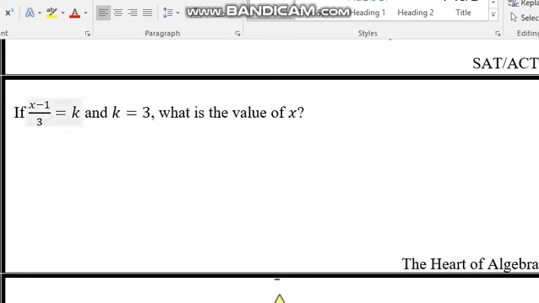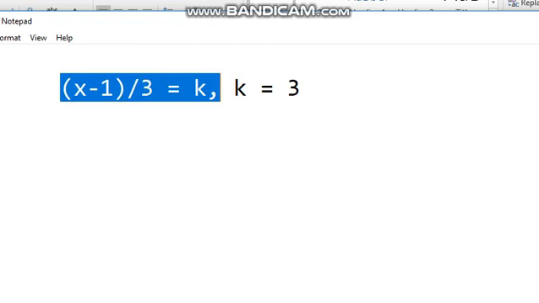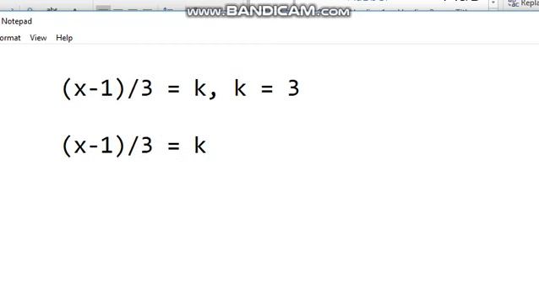So if x minus 1 divided by 3 equals k, and k is 3, what's x? Well, we can just replace k with a 3.